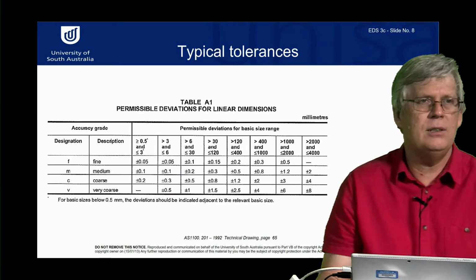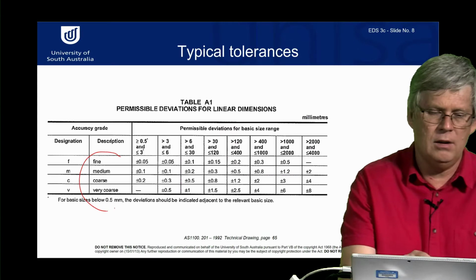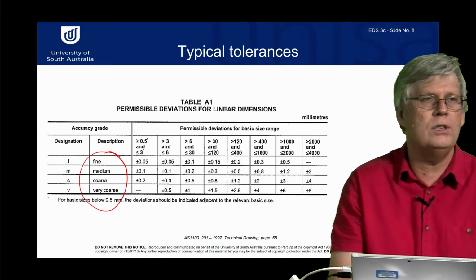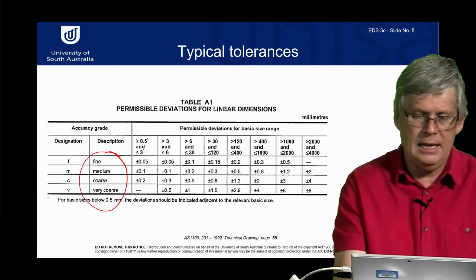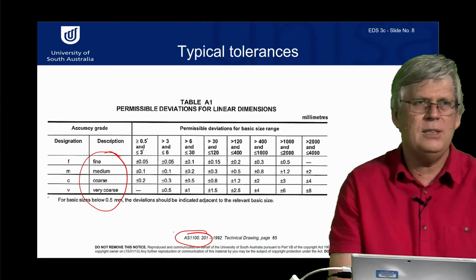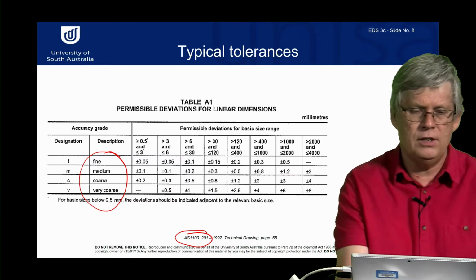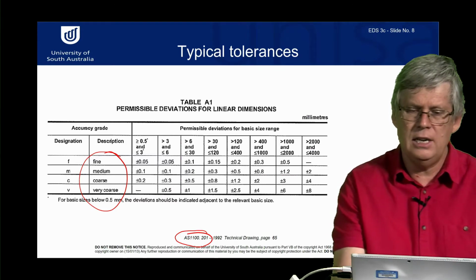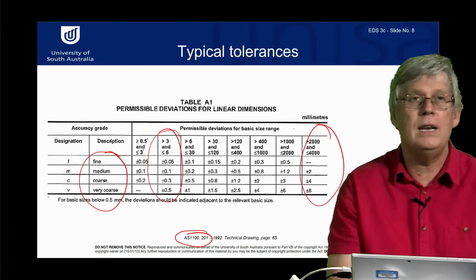So here are some terms. People will often see these terms: a fine tolerance, a medium tolerance, coarse or very coarse tolerance. The Australian standard, AS 1100, actually specifies what people mean. A fine tolerance means something for small sizes, and something different for large sizes.